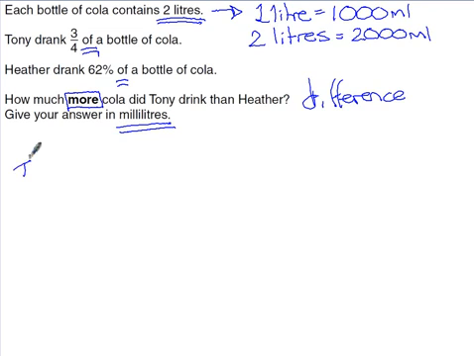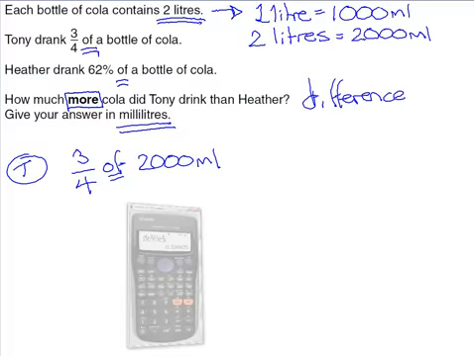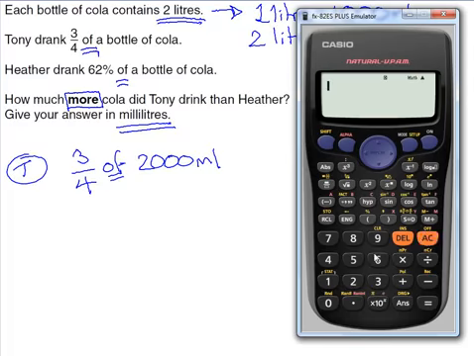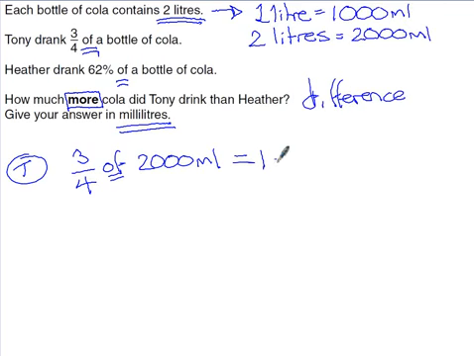So I'm going to label the first one T for Tony, and I'm going to say, okay, well, he drank 3/4 of 2,000 millilitres. I'm going to get my calculator, and I'm going to do 3/4, and of means times 2,000. So how much did he drink? He drank 1,500 millilitres. Brilliant, that was nice and easy.